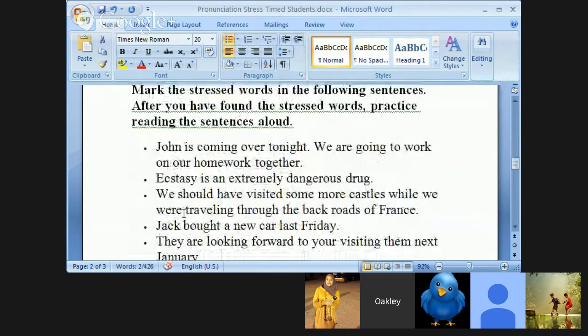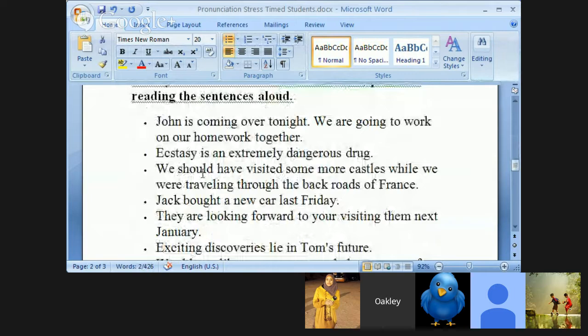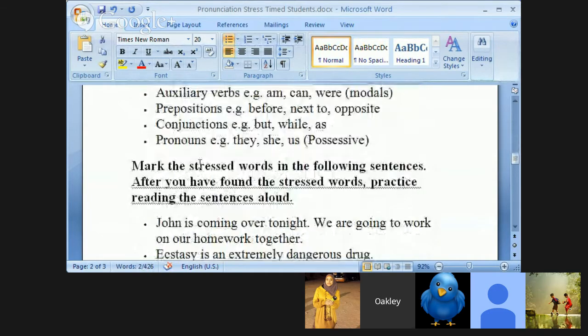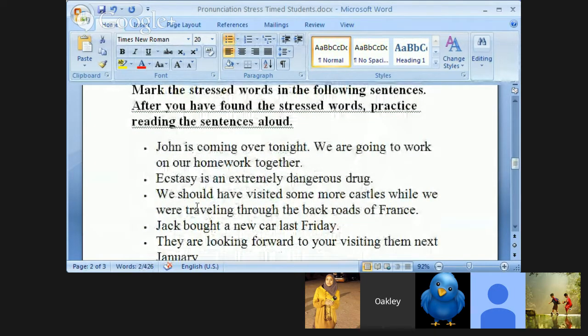I'm going to have you tell me, one at a time, what the content words are, and then I'll have you read the sentence, being mindful that content words get more stress, higher pitch, more defined pronunciation, stretched vowels. Let's try it out. Emmanuel, since you can speak now, why don't you start?